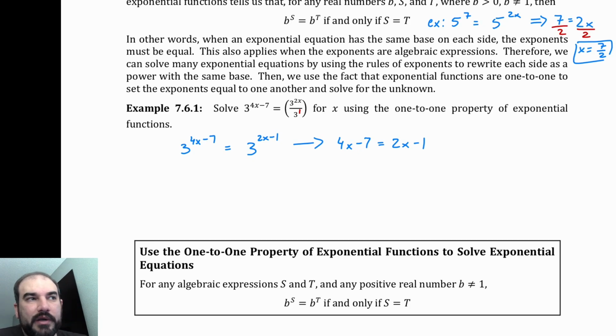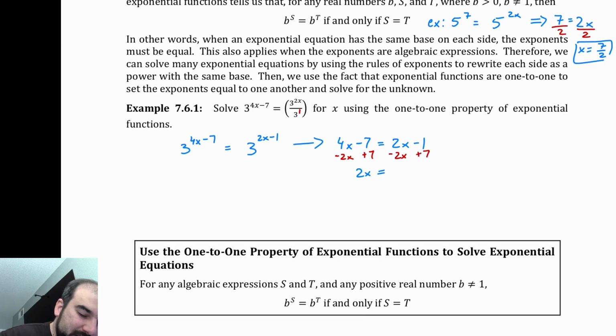And then we're in very basic algebra here. We can subtract the 2x to the other side, and add 7 to both sides to isolate the x on one side. So we'll have 2x equals 6. And then divide by 2 to get x equals 3.